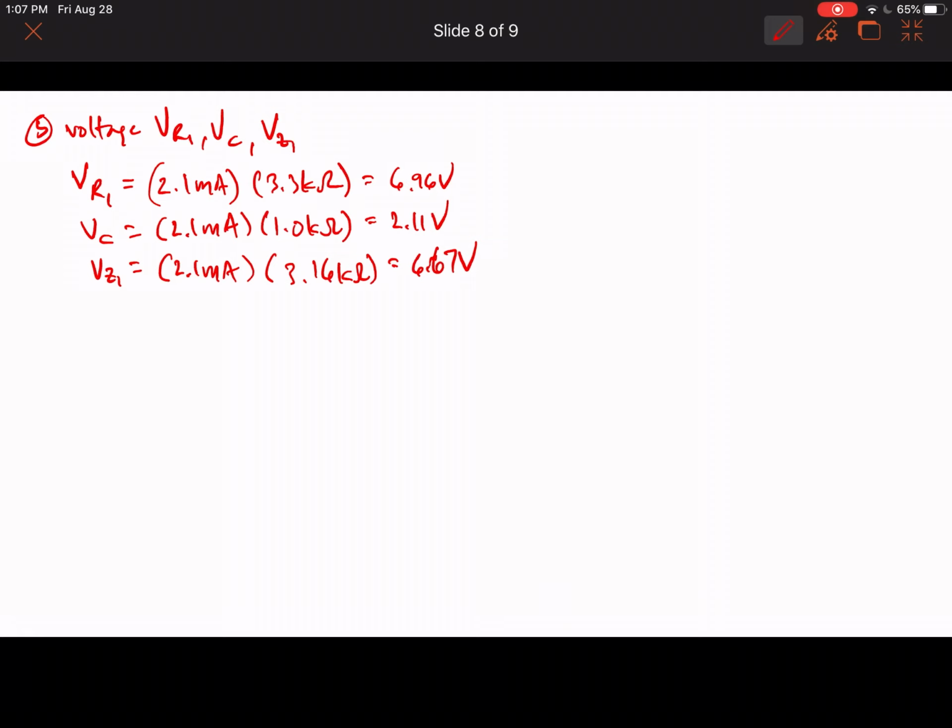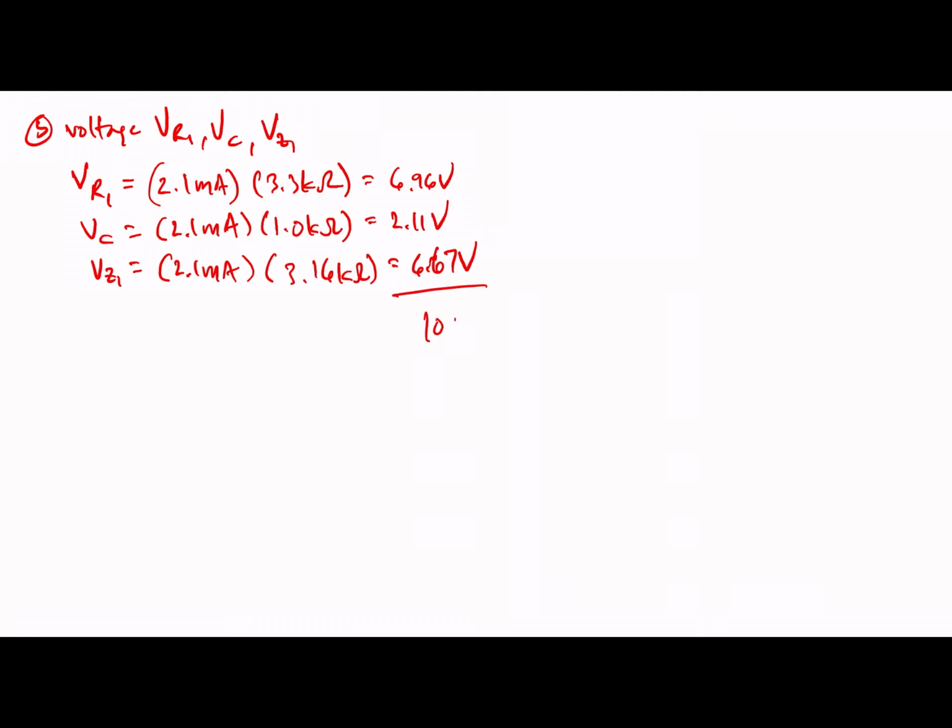Okay, so notice that it doesn't add up to 10 volts. Why is that? Remember that we're dealing with phasors, so this is not the correct way to check if you have the correct answer.